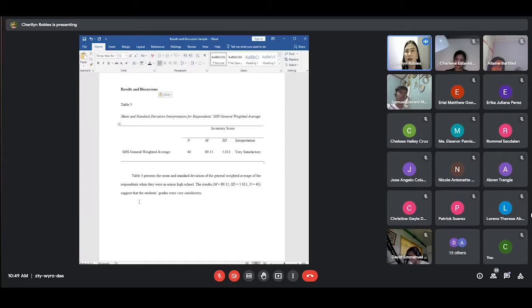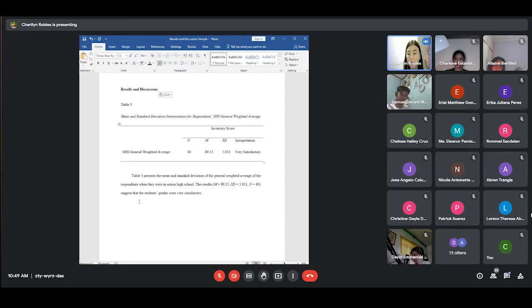There should be alignment between your chapter 4 and your statement of the problem, to be specific, with your specific problems. That clear? So the data that you will present in chapter 4 should be aligned with your specific problems, and of course, the organization should also be the same as the organization of your specific problems. Is that clear?